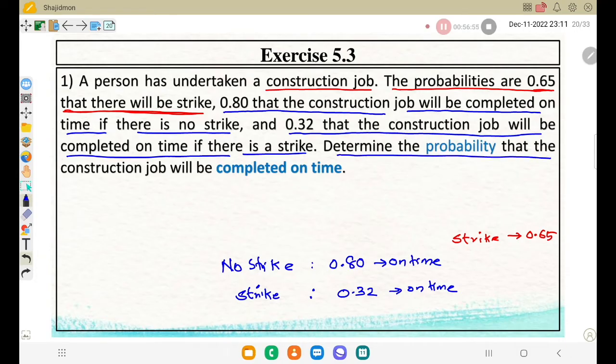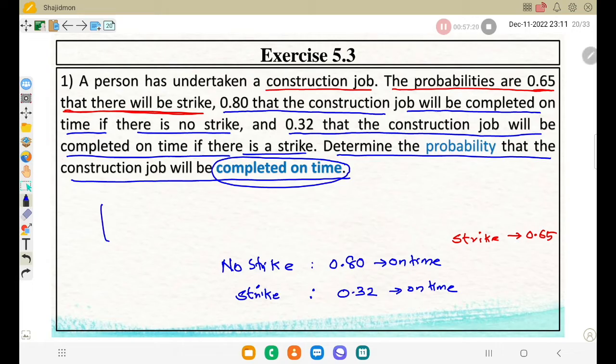Now what is the question? Determine the probability that the construction job will be completed on time. On time, so completed on time. This is our main aim. So here when we are thinking, what is the partition of the sample space actually?